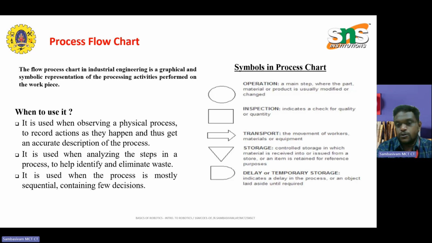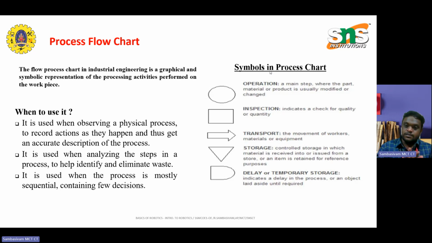The third one is transport, the arrow symbol, which shows the way the transport has to be done: the movement of workers, materials or equipment from one place to another. Finally, the down triangle represents the storage, in which material is received into or issued from a store, or an item is retained for reference purposes.